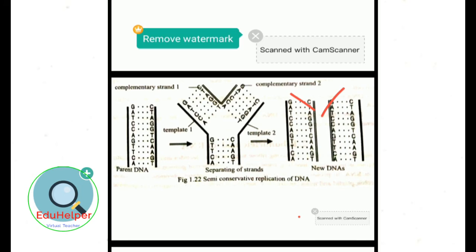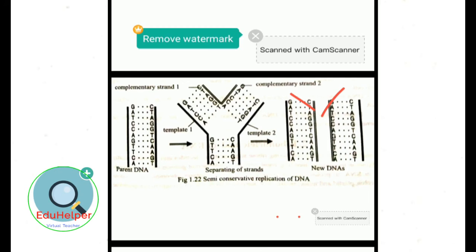phosphodiester bonds. One of the most important steps of DNA replication is the binding of RNA primase at the initiation point of the 3 carbon to 5 carbon parent chain.